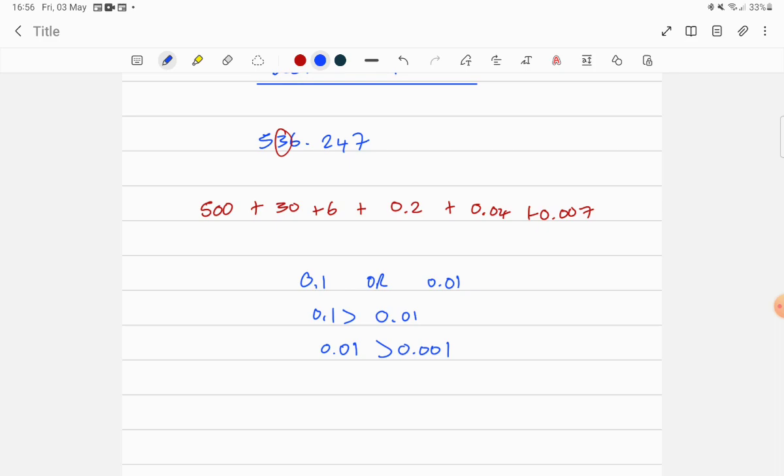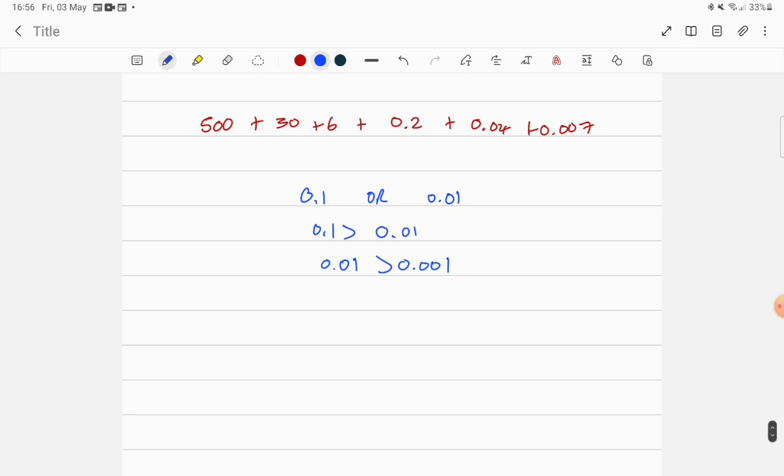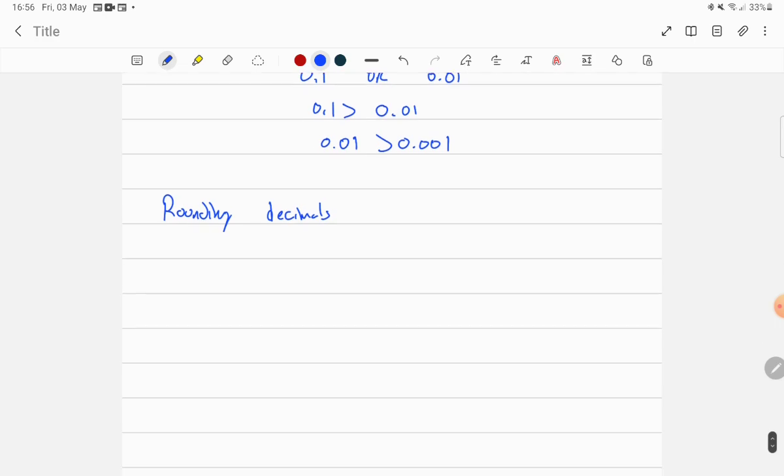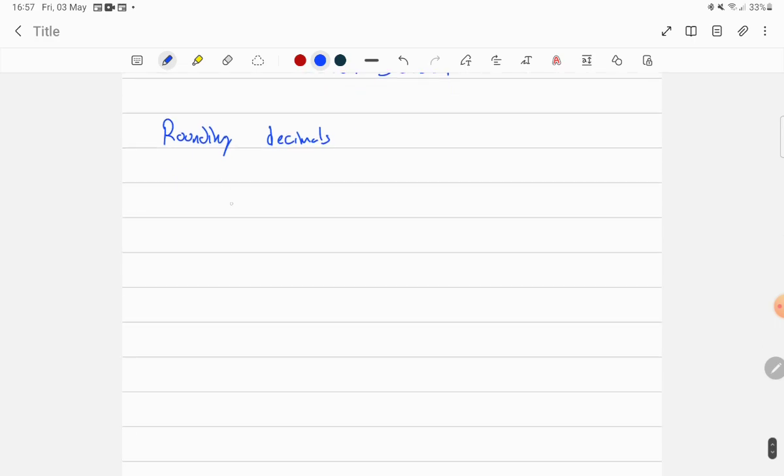Another thing in terms of decimals, you would also need to understand how to round off your decimal, whether it's to the nearest whole number, nearest 10, nearest 100. So if we just have a look at a quick example, rounding decimals. For example, 23.46, and if the question was to round off to the nearest tenth, so tenth now, not tens.